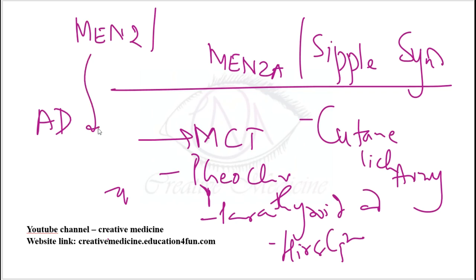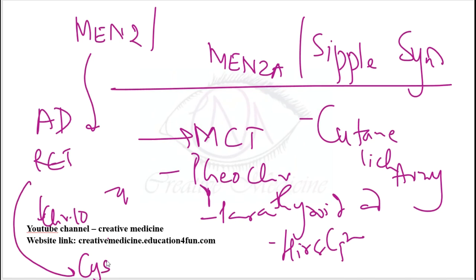This mainly occurs due to a mutation in the RET oncogene, which is located on chromosome 10, and the codon involved is the cysteine codon coded by the RET oncogene.